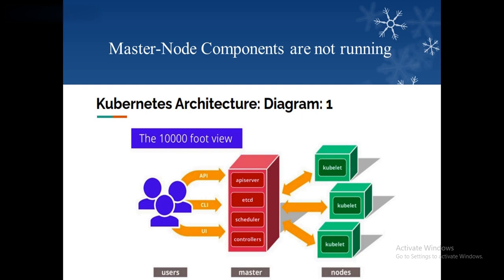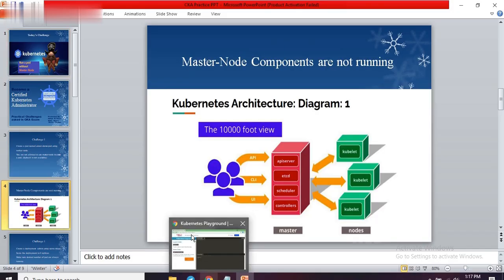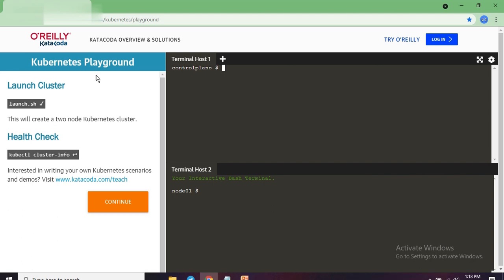One use case of static pods is when you install Kubernetes while bootstrapping, the kubelet creates these pods to create your cluster and the components of the master node. So let's jump to the lab environment and see how you can use the static pod concept in your Kubernetes cluster to deploy a pod.